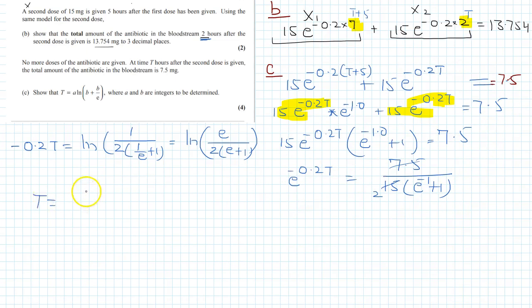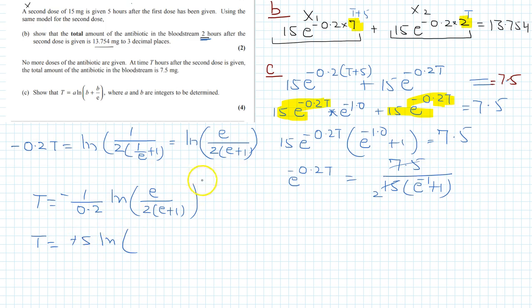So t is equal to 1 over 0.2 times negative ln e over 2e plus 1. So t is equal to minus 5 ln e over 2e plus 1.